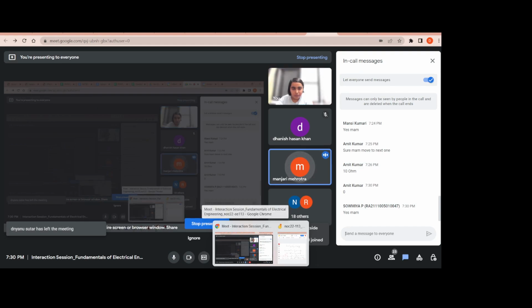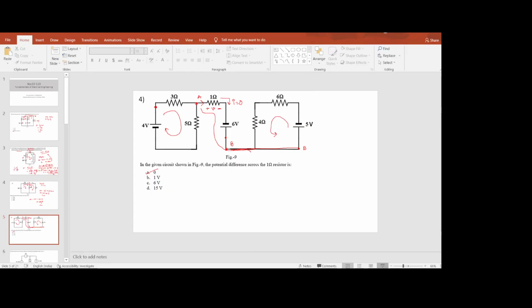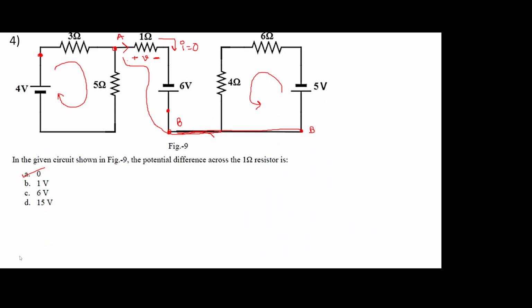Ma'am, please repeat once more. Yeah. So let's just say, the rule of KVL. KVL can be applied across the loop. There is a conservation of energy across the loop, right?